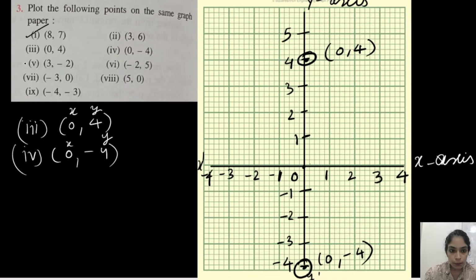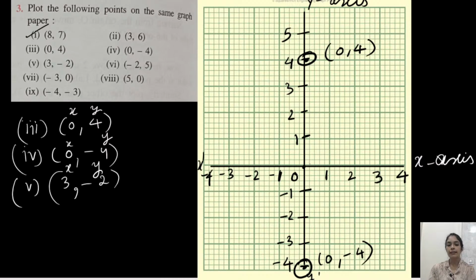Now let's plot the next point. You will understand here. The next point is 3 comma minus 2. The x value is 3, y is minus 2. On the x-axis you have to locate the value of the x coordinate, which is 3. I keep my pen on 3.